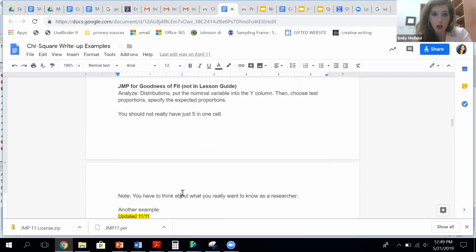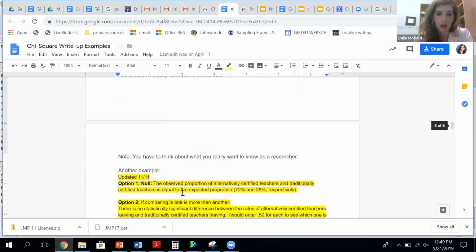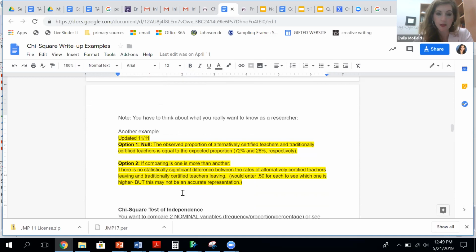So here on this document, I have, again, exactly step by step what I did to do this in JMP. And I have different versions of null hypotheses. I encourage you to look at this. Other ways to write out null hypotheses.